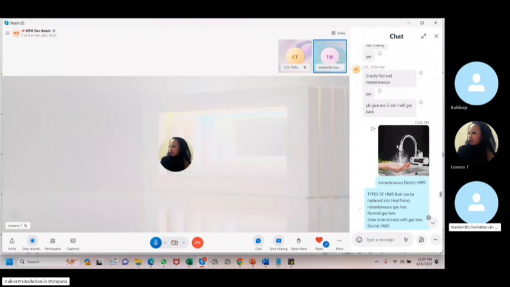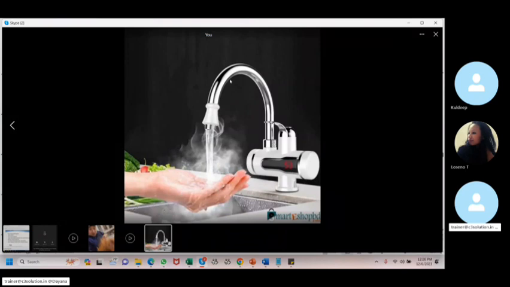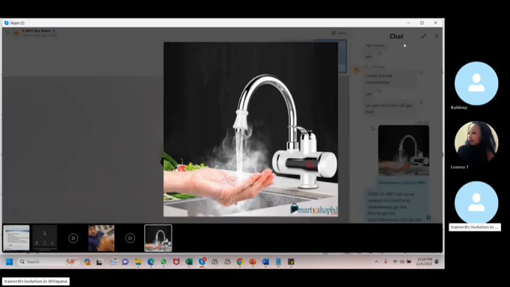The instant hot water system also runs on electricity, but only the tap connected to it gets hot water; the other taps do not. And an instant system can be connected either with electric or with gas. That is the difference.